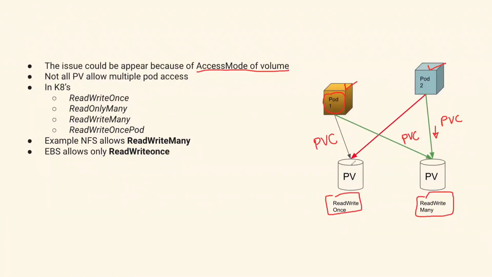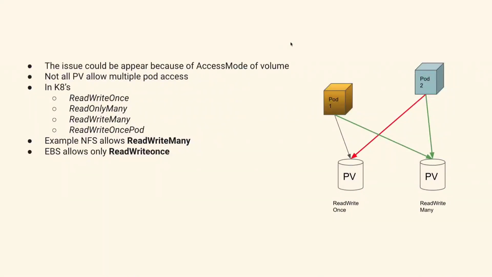Speaking of the first volume, it is of type read-write once, meaning it can only support one pod at a time if it is attached. So if pod number 2 tries to get attached to this particular PV, it is going to fail because the volume supports only read-write once. I hope the logic around this is now clear.